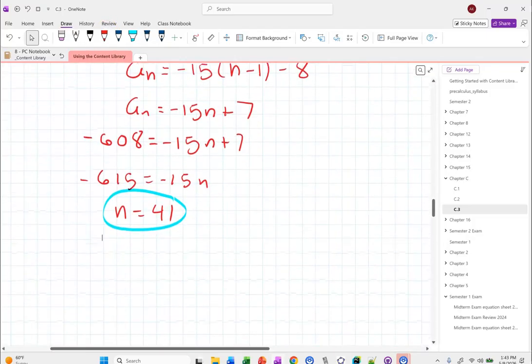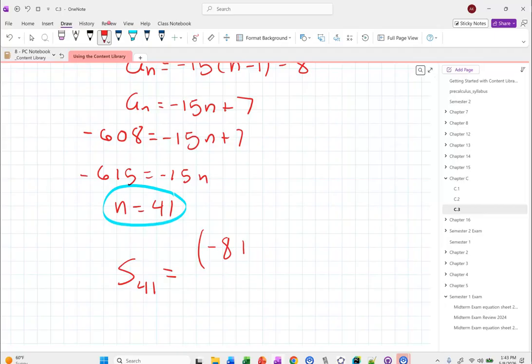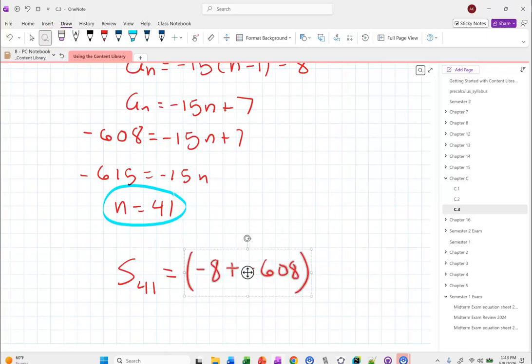So now if I go back to my formula, I have my first term. I have my last term.